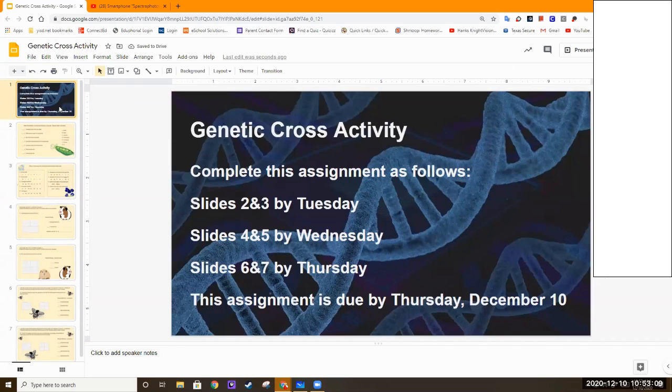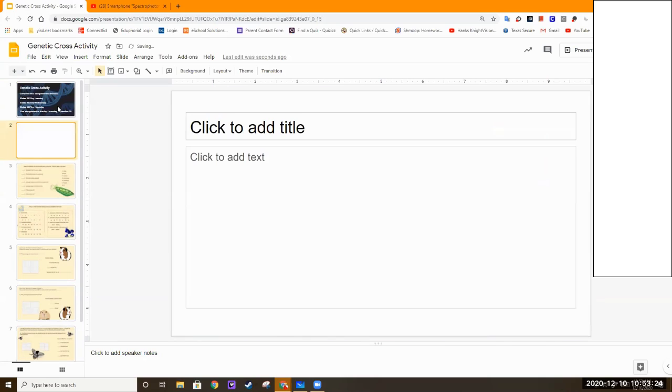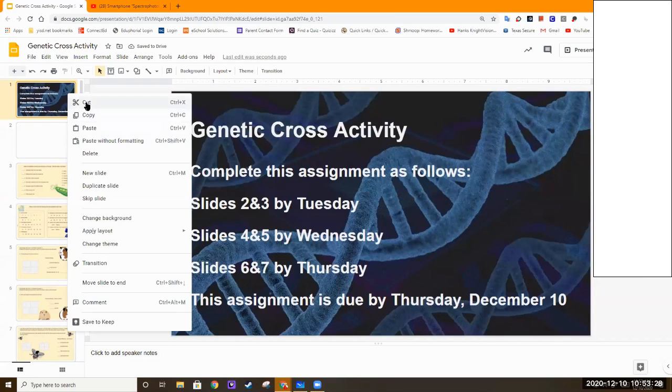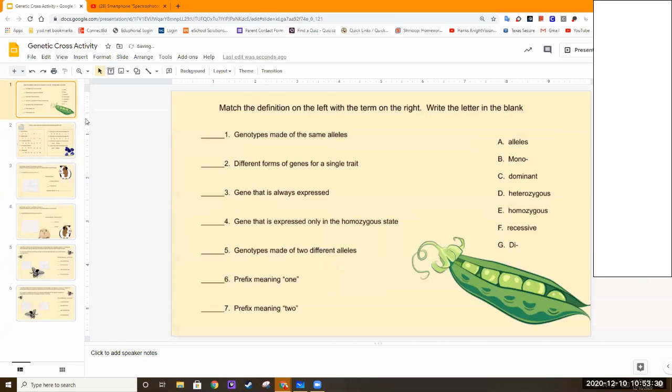If you can go to your Google Classroom, look at your assignment. Delete this first one. This was from another teacher, but she had her students do it little by little. So go ahead and delete that first slide.